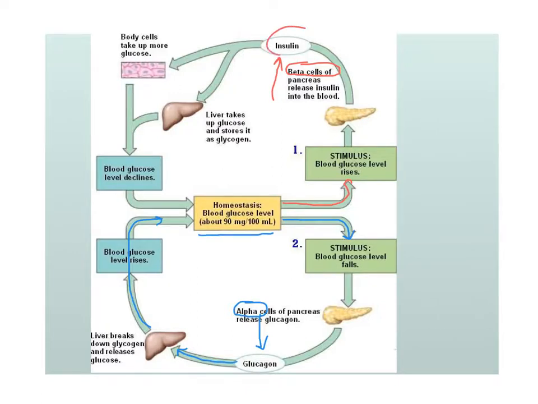That's where insulin is secreted, and that's going to tell your muscles to start taking in glucose and storing it as glycogen, or using it, burning it, and also tells your liver to take the glucose from the blood and store it as glycogen. So since they're storing it as glycogen, that's going to bring the blood glucose levels down and return it back to homeostasis.